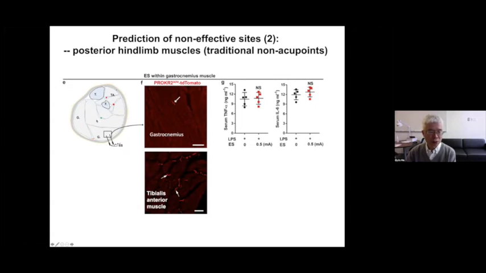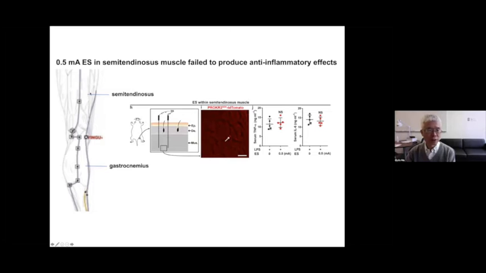The soleus muscle, which is considered a deep part of the muscle, has much more innervation, but the gastrocnemius muscle has fairly minimal innervation. And when you put the same needling vertically 3 millimeters into the gastrocnemius muscle away from the midline, it has no effect. The same thing for the semitendinosus muscle, which also has very sparse innervation, and acupuncture has no effect.